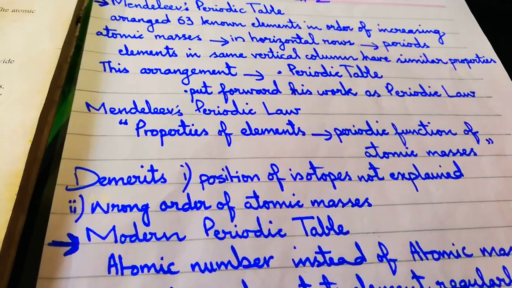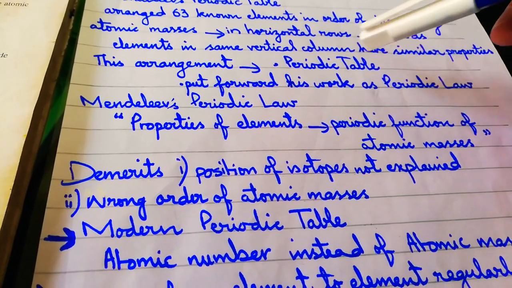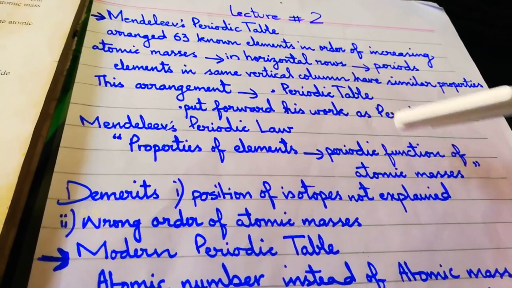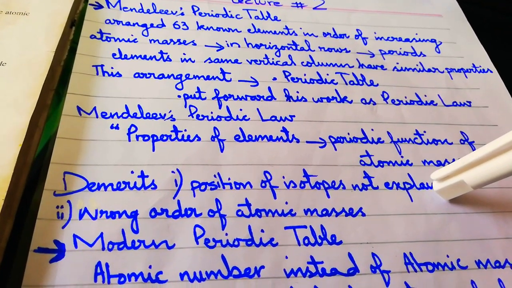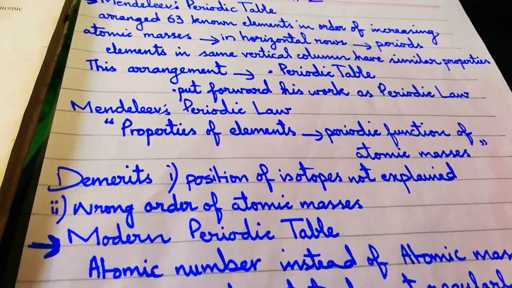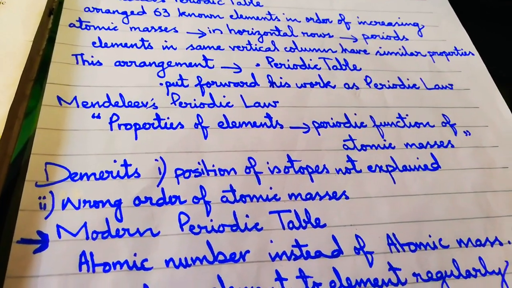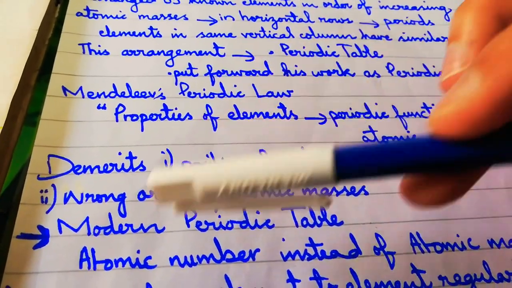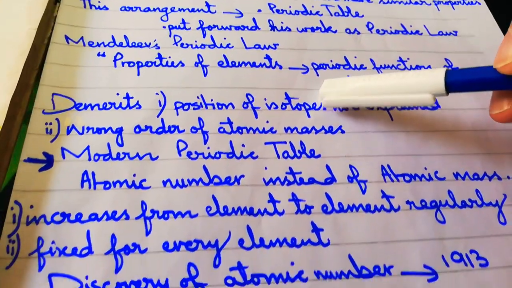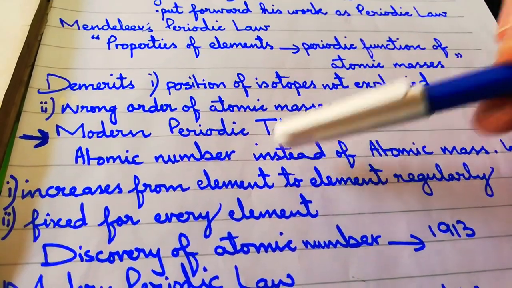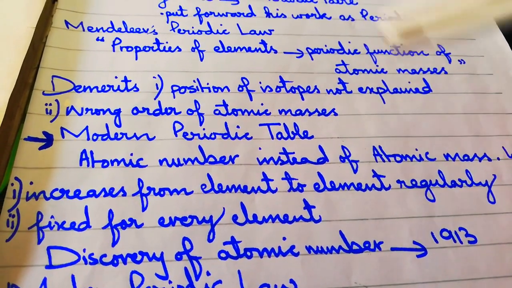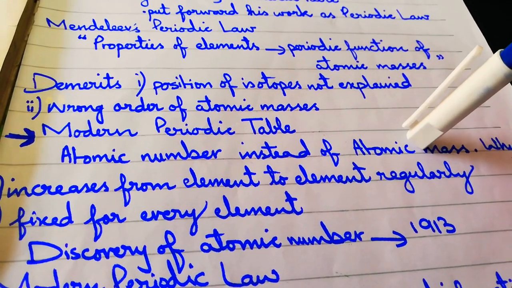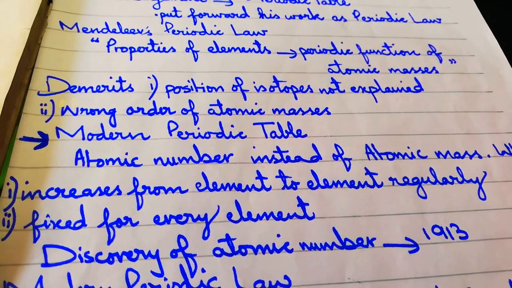So after this, it was thought that arranging the elements in the periodic table on the basis of atomic masses is not appropriate. So the modern periodic table was introduced. In this table, instead of atomic mass, the atomic number was taken and the elements were arranged according to their atomic number.